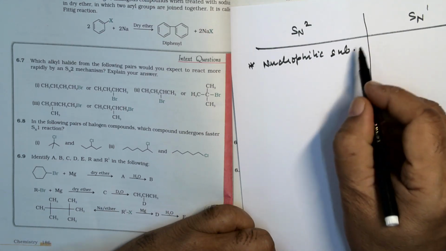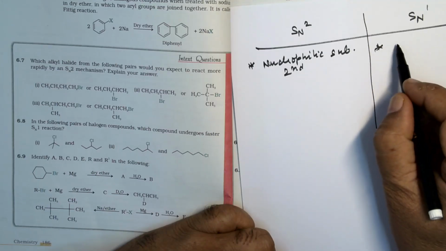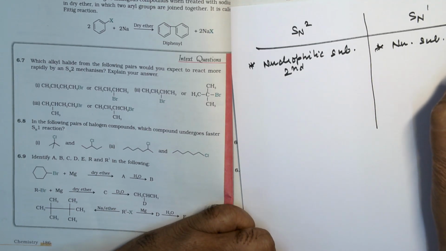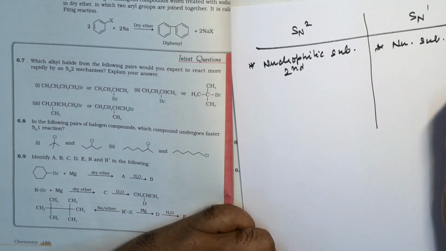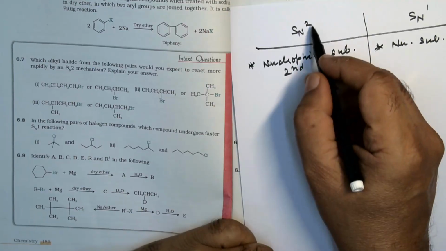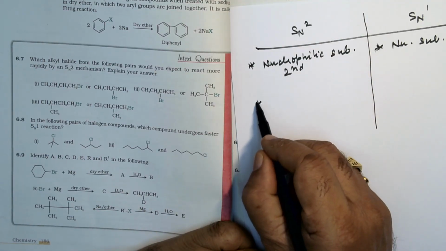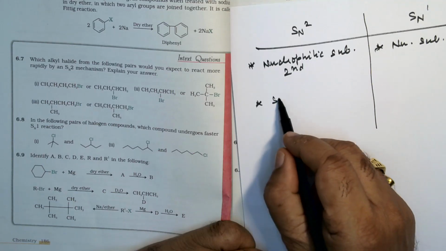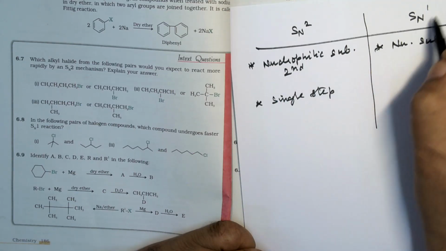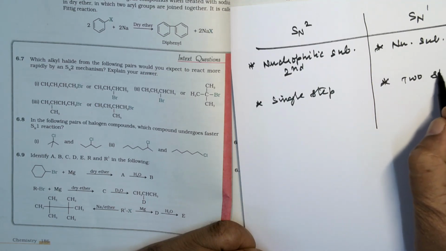And here, nucleophilic substitution first order. If it is an SN2 mechanism, it is a single step process, whereas this is a two-step process.